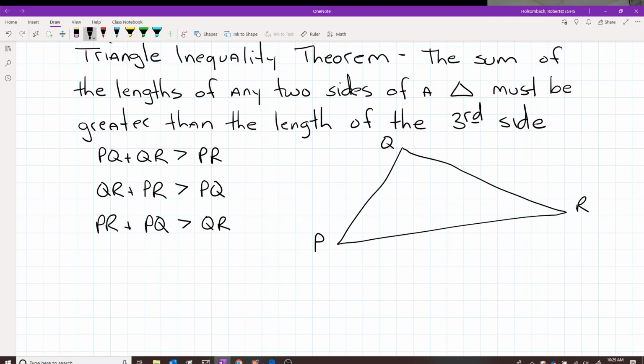Now here's kind of another little version of the triangle inequality theorem.